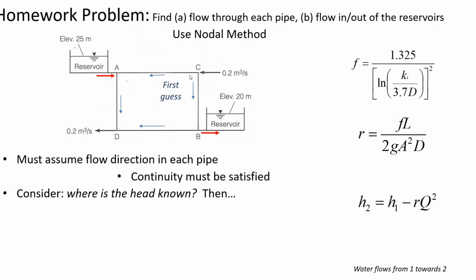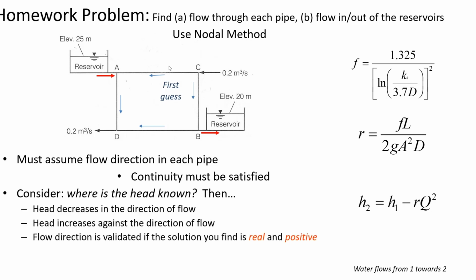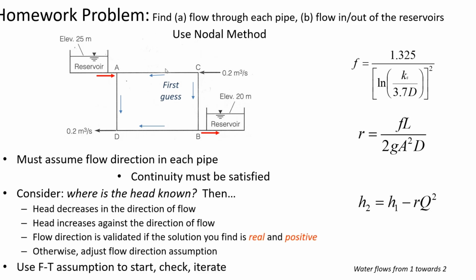So all of that depends on whether our guess was correct. And if you end up going through those calculations and you get that the flow rate is negative, then that tells you you may need to adjust your assumed flow direction and recalculate again. So if you get a real and positive solution to this series of two equations, two unknowns, then your first guess of flow direction was correct.